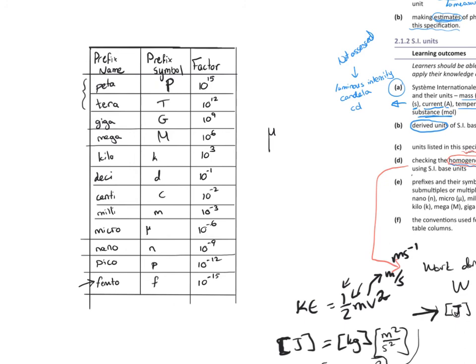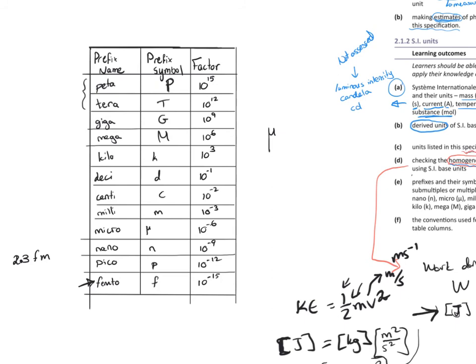So an example of what can come up. This comes across, like I said, in nuclear physics. They might tell you that the diameter of the nucleus is, I don't know, 2.3 femtometers, which is the order of magnitude of a nucleus.